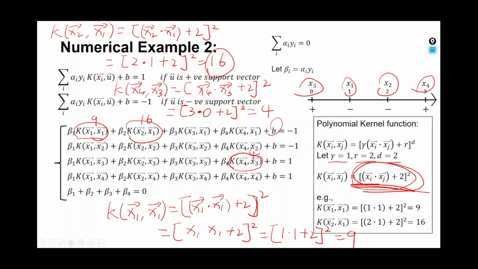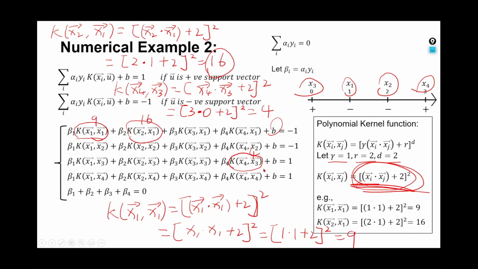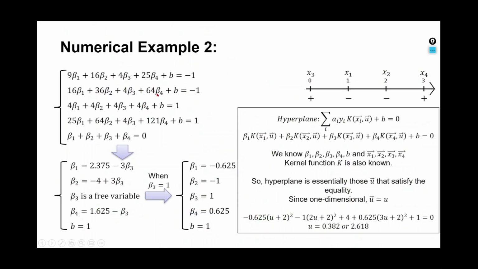So at the end of the day, the SVM problem has been converted to this kind of system of linear equations. We plug in all the numbers, like 9, 16, and 4 over here. You can double verify all these numbers; I believe all are correct.